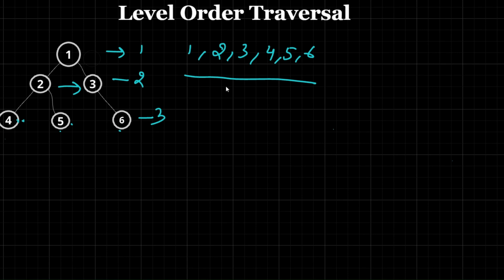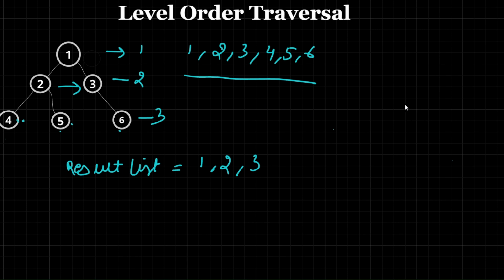So now suppose I'm traversing through this binary tree. What I want in my result list, this is the result list, is that first 1 should come, then 2, then 3, and going forward the other nodes which belong to the other levels.